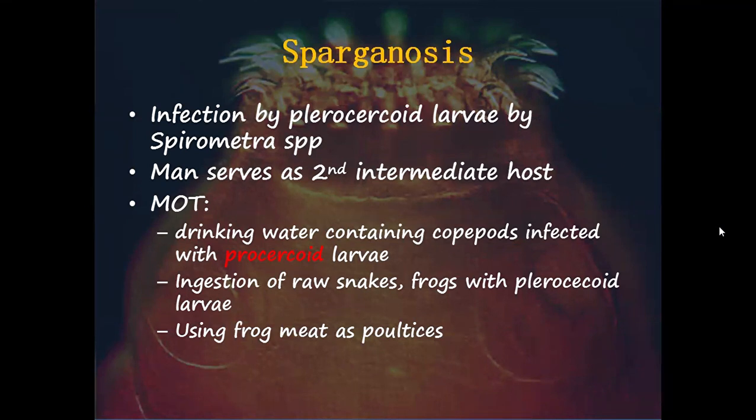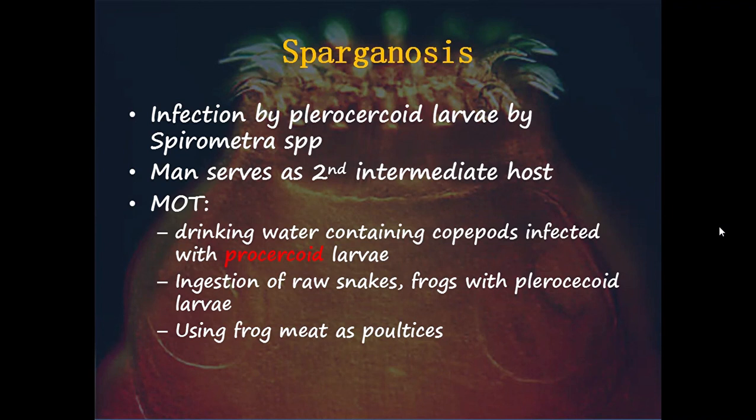Or in certain native practices in the mountains, they sometimes use frog meat as poultices for wounds. And if that frog meat contains plerocercoid larvae, the plerocercoid larvae can migrate into the muscle of humans.